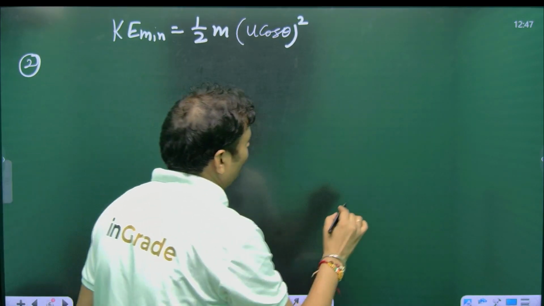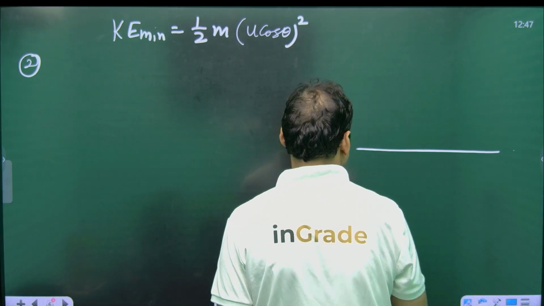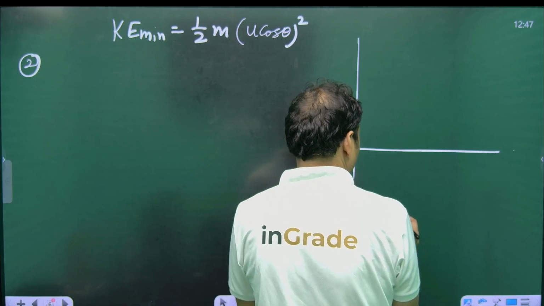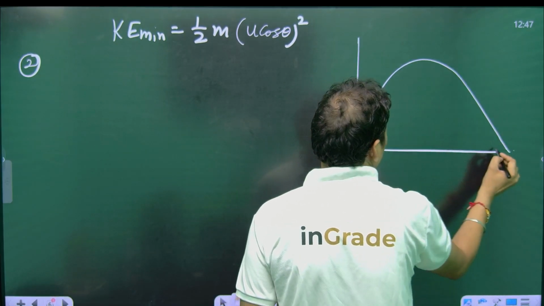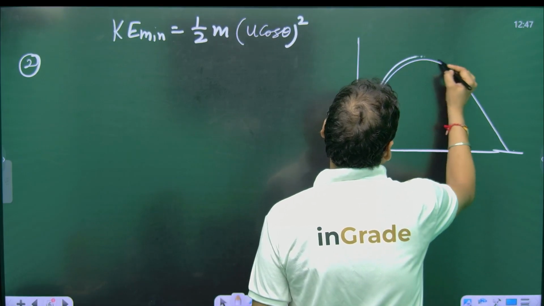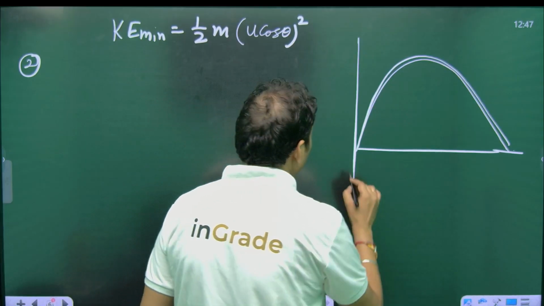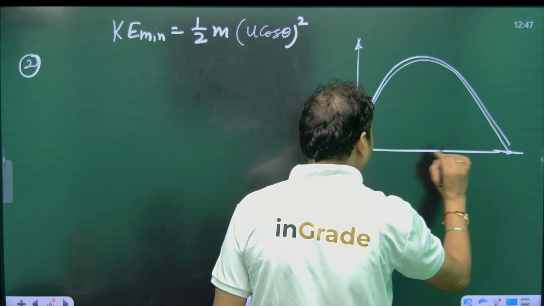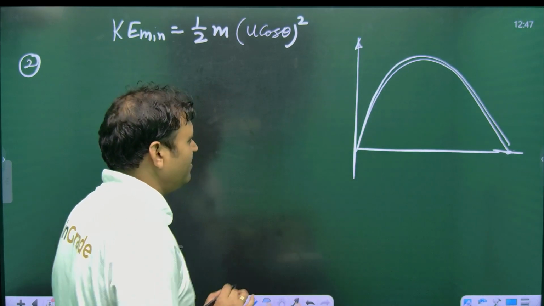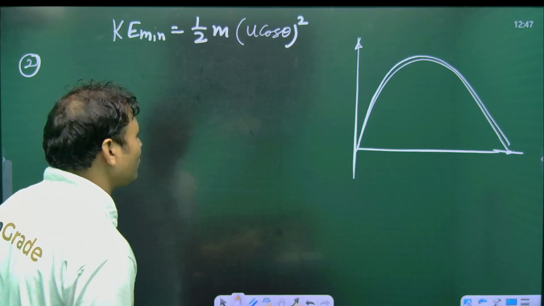Now we can also calculate the time of flight. The time traveled by the particle in air is called the time of flight. So can we say the time taken by the particle when it again reaches the horizontal position is called the time of flight.